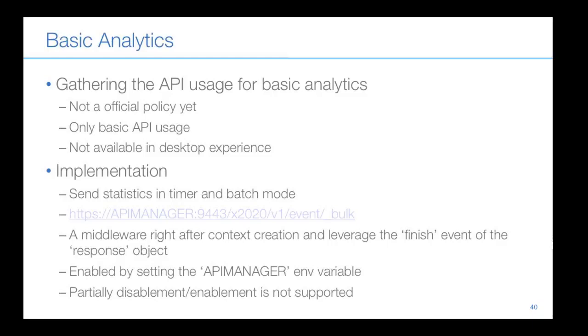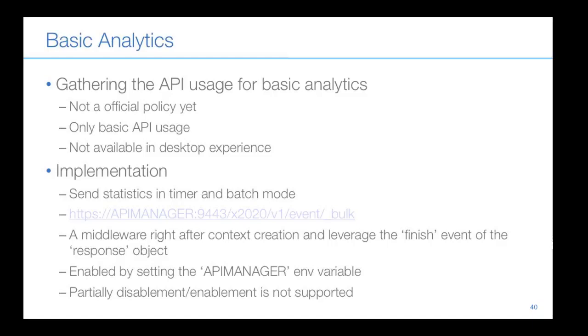Or if within the 3 seconds there are, for example, 50 transactions, and you hit the upper bound of the quotas, we will submit these 50 transactions' activity log at once to the Elasticsearch. So we implement the publishing in timer and batch mode, and you will send to the URL list here. And the API manager's will actually be replaced at the runtime.